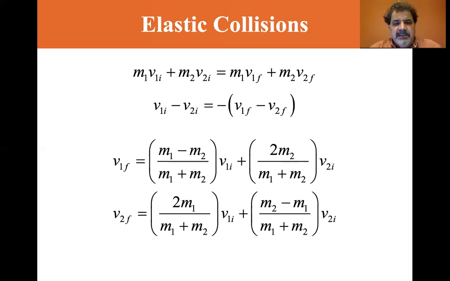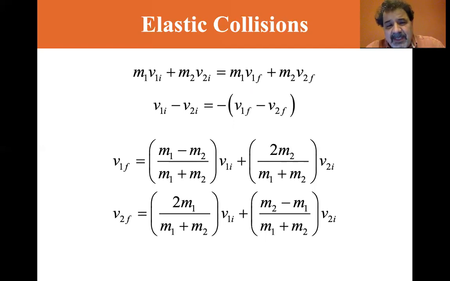V1 final is equal to M1 minus M2 over M1 plus M2, times V1 initial, plus 2M2 divided by M1 plus M2 times V2 initial. V2 final equals 2M1 divided by M1 plus M2, times V1 initial, plus M2 minus M1 divided by M1 plus M2, times V2 initial.